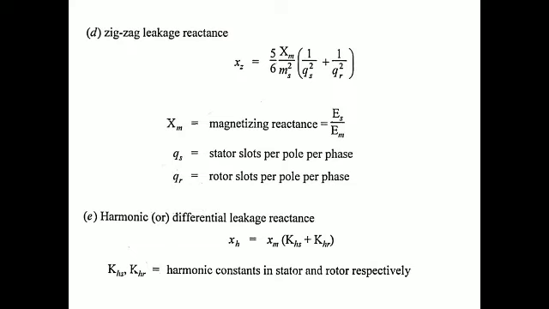Then the fifth one is the harmonic leakage reactance. XH is nothing but XM multiplied by the addition of KHS plus KHR, where KHS and KHR are the harmonic constants in the stator and rotor respectively. That's all for this content. By calculating these terms, we can easily predict the short circuit current, which means the blocked rotor current.